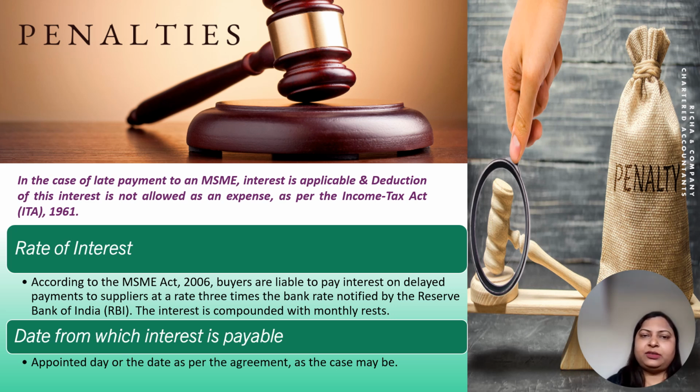And as per section 23 of the Income Tax Act 1961, in case of late payment to an MSME, whatever interest we have paid will not be allowed as an expense. You cannot claim it as an expense from your profit and loss account. So please complete your payment within the due date itself, because the interest will be your dead loss. You cannot claim it as an expense.